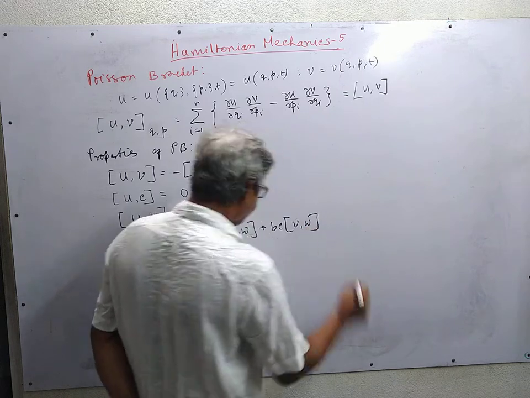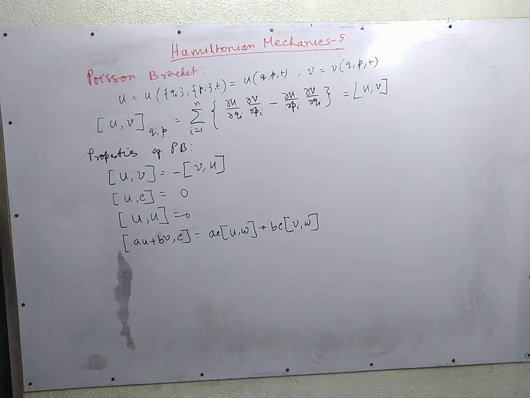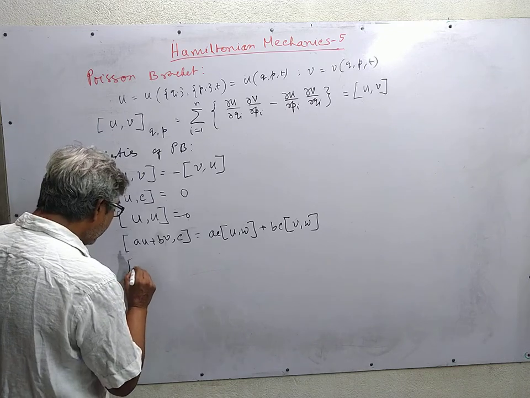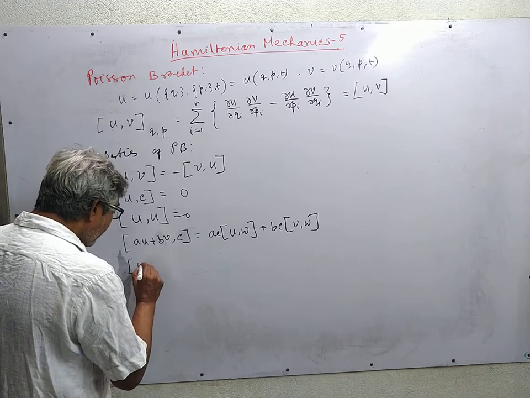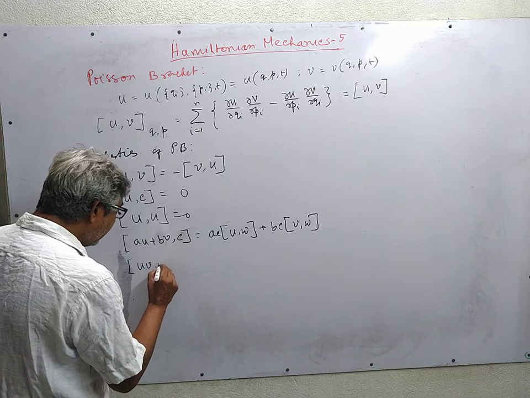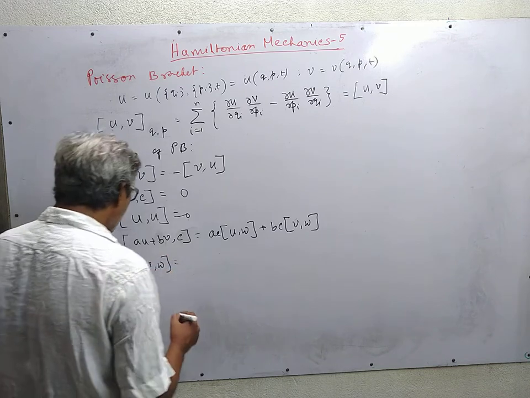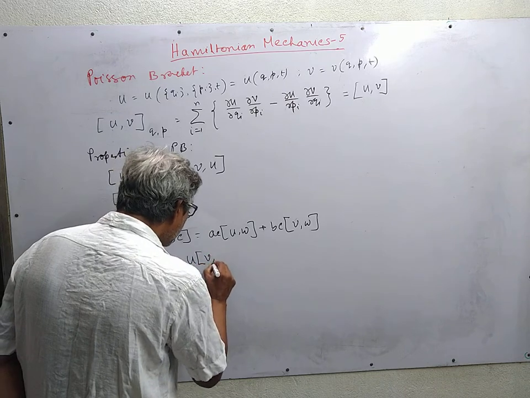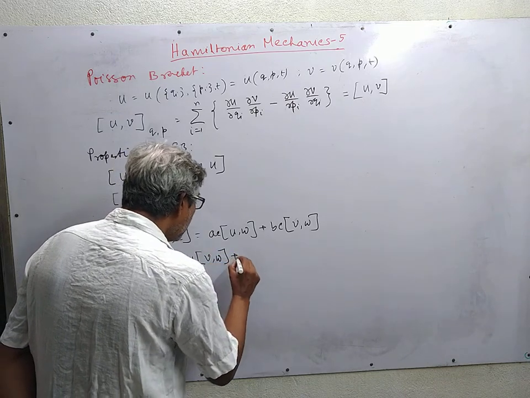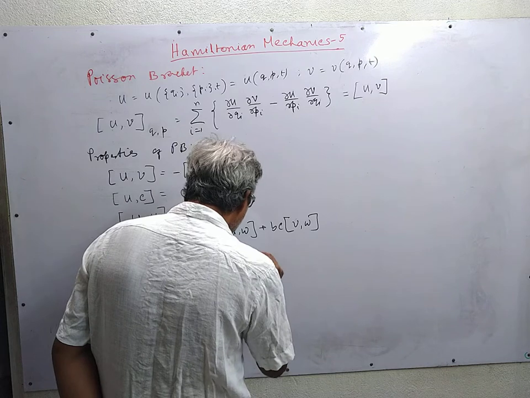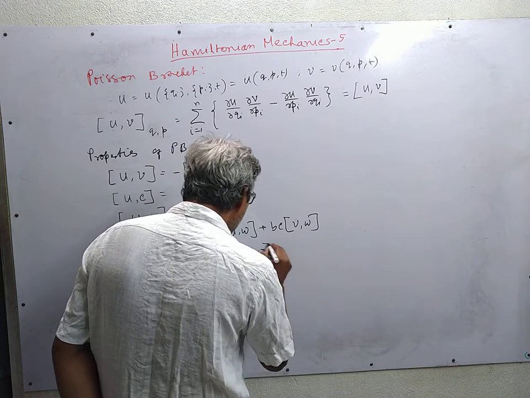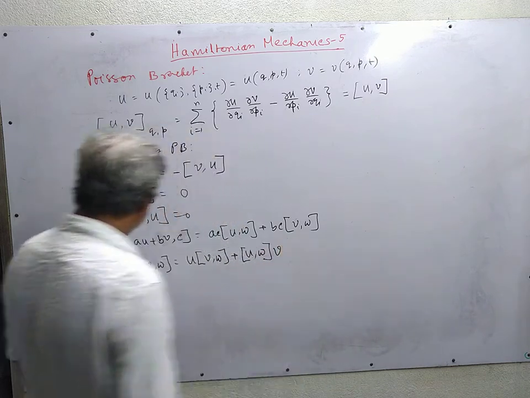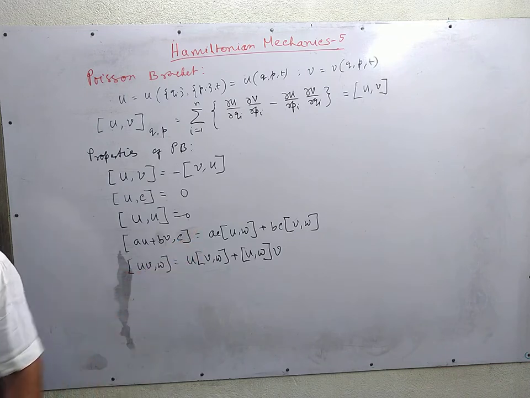This is the linearity property of the Poisson bracket. The product rule is like this: {UV, W} is equal to the expression shown. This is the product rule.